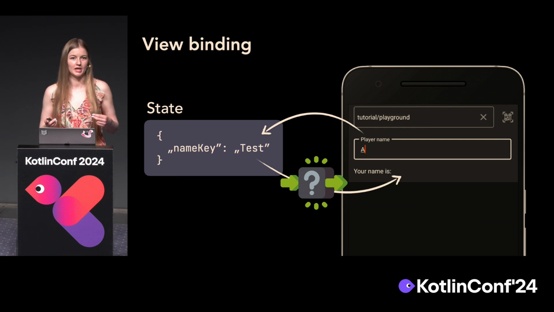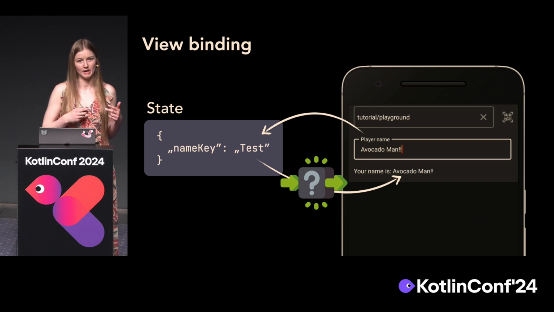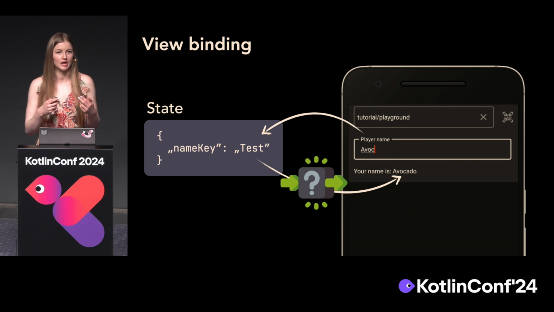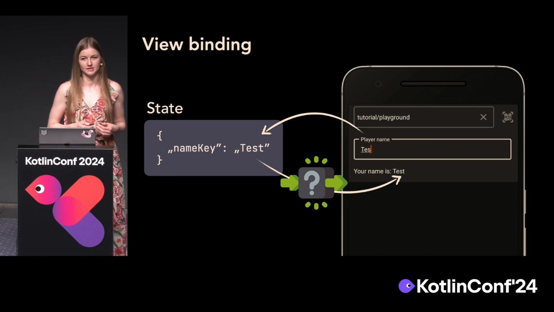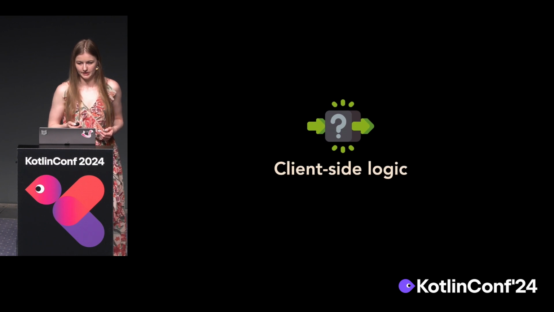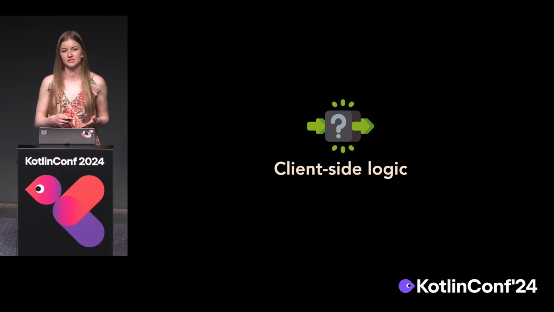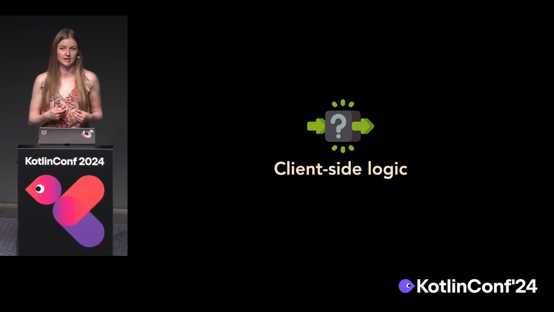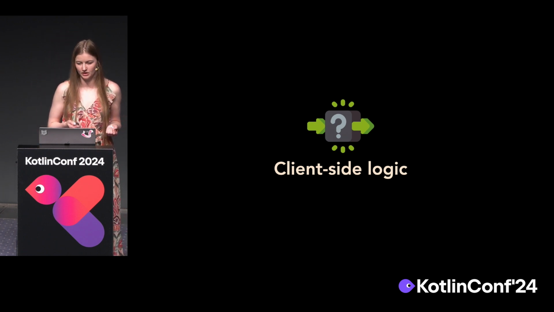So that's why, complementary to the view binding mechanism, we also needed client-side logic that will allow process this data client-side. And this is the part I want to focus on during this presentation, because this is the part where we have used Kotlin Multiplatform.